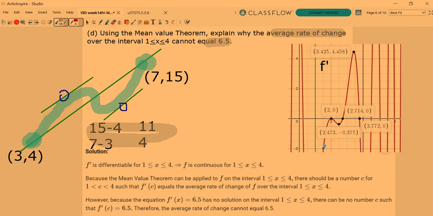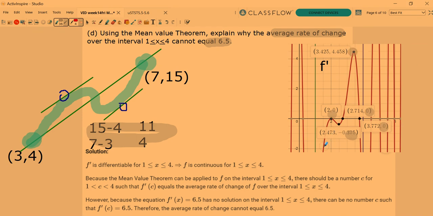There would be no c value, which is the x value, between 1 and 4 that has a slope of 6.5, because what x value anywhere here has a y value of 6.5? Here the y value is negative 0 point something.